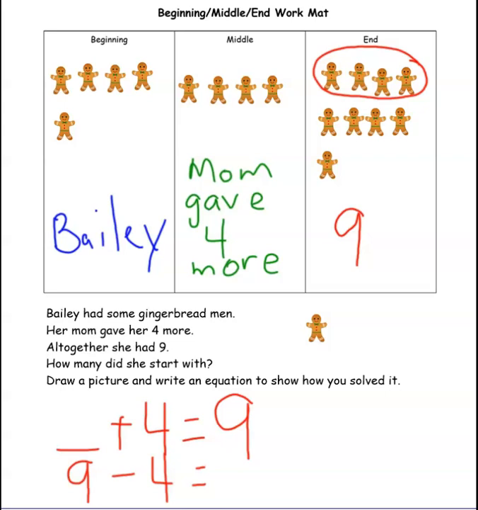If we have 5 and we add 4 more, would that give us 9? Let's see. 1, 2, 3, 4, 5, 6, 7, 8, 9. That is correct. Just the same if we have 9 and we took 4 away, the ones that Mom gave her, we would have 5 left.